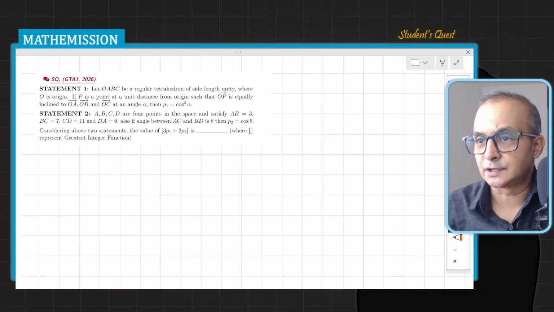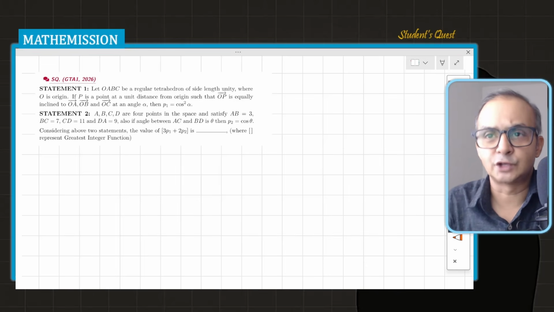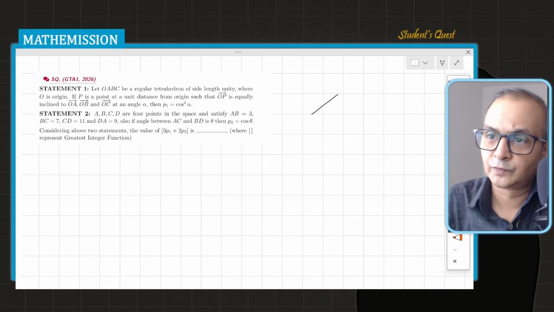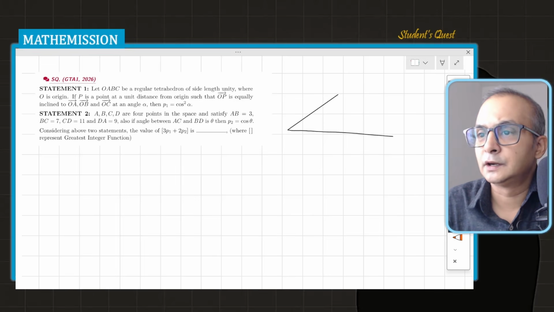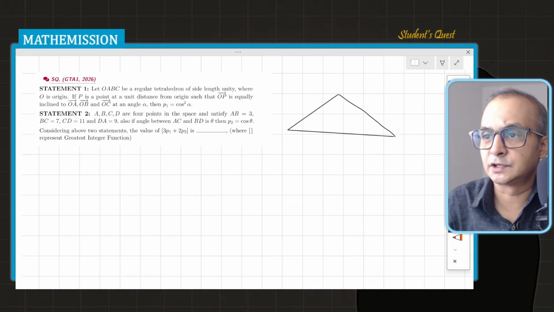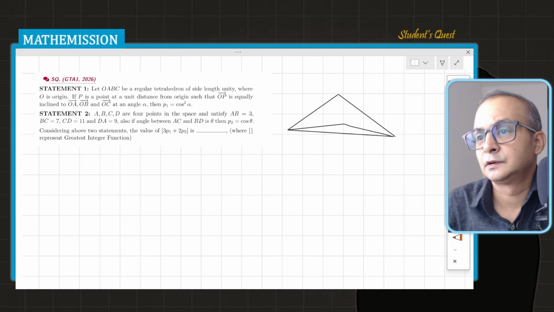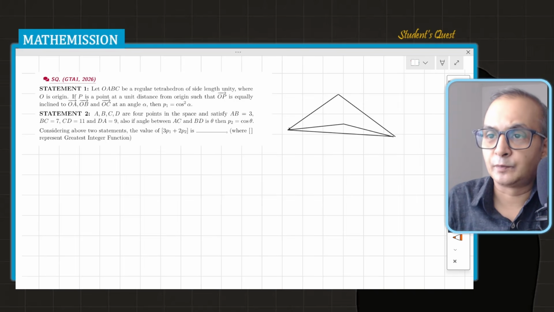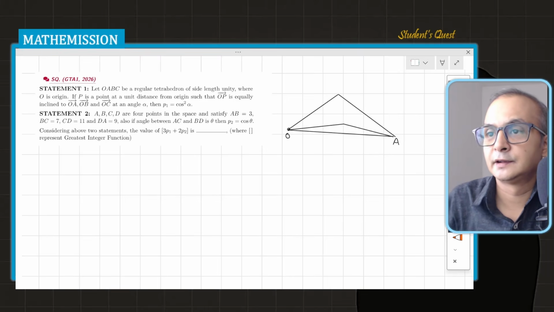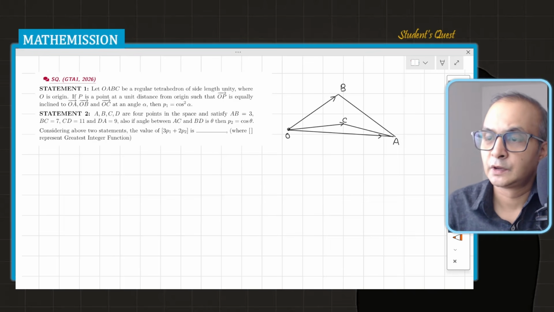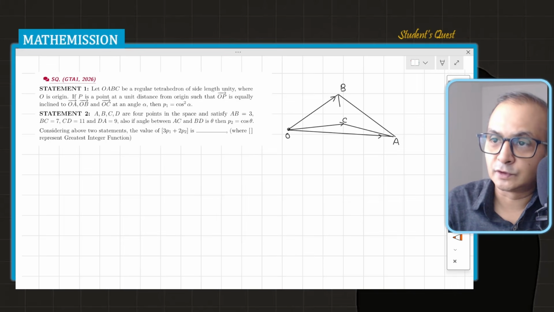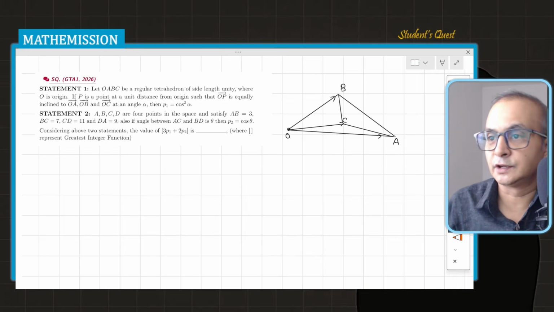So let's try to construct a tetrahedron and try to understand the whole situation. This is a tetrahedron, I'm just constructing randomly. Let's say this is the point origin O. This is the first vertex A, B, and this is C, so that I can take three different vectors along OA, OB, OC, and I can join this also to construct a nice looking tetrahedron.